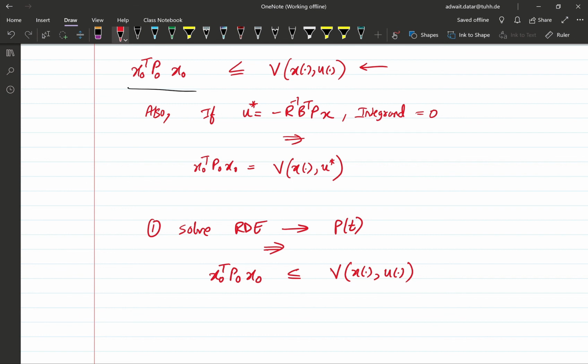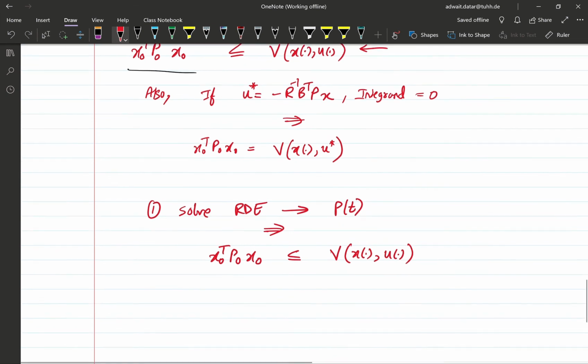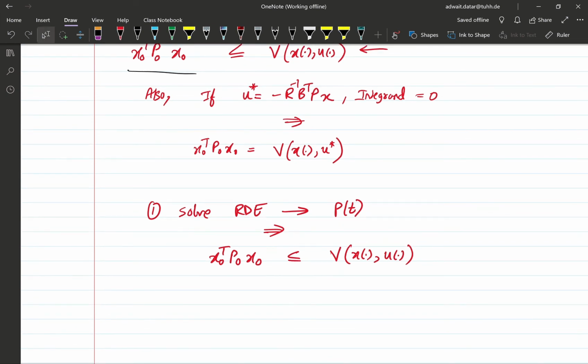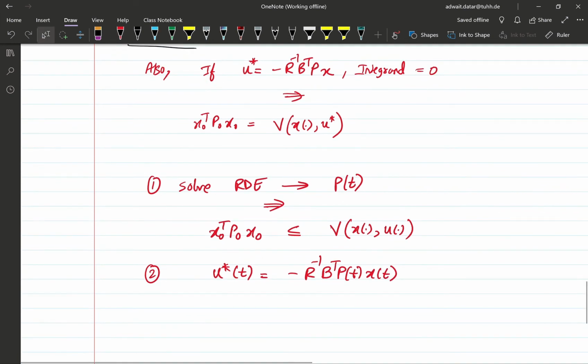By compatible, I just repeat, I mean trajectories that are compatible with the dynamics x dot equal to A x plus B u and the initial condition x0. We have this lower bound, and then if we specify u star of t equal to minus R inverse B transpose P of t x of t, we can reach this lower bound.